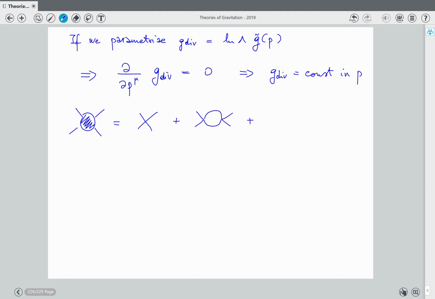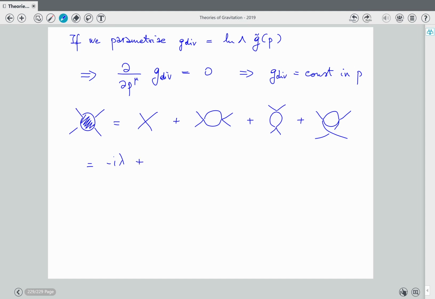Then there are many others actually, because there is this one. You can exchange some legs. And then the funny story is this, that if you see, this is the vertex minus i lambda, and then you have this object here.